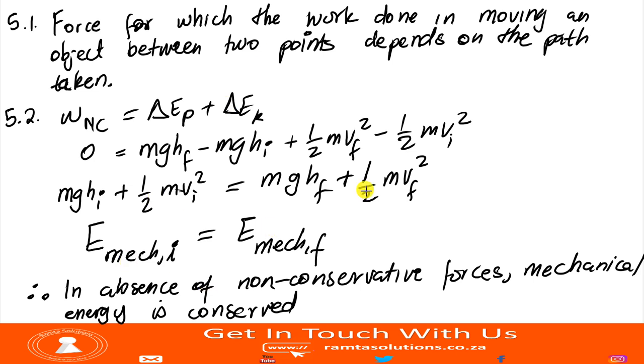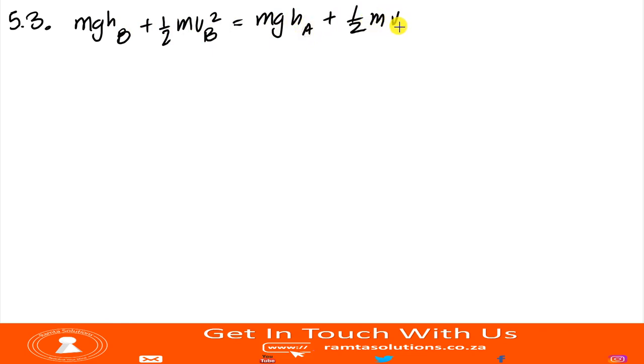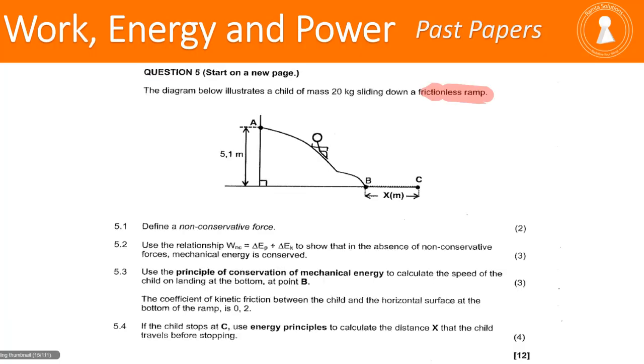So I'm going to say mgh at point B plus half mv B squared equals mgh at point A plus half mv A squared.